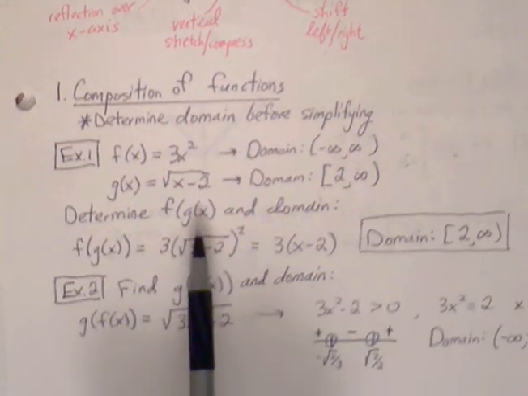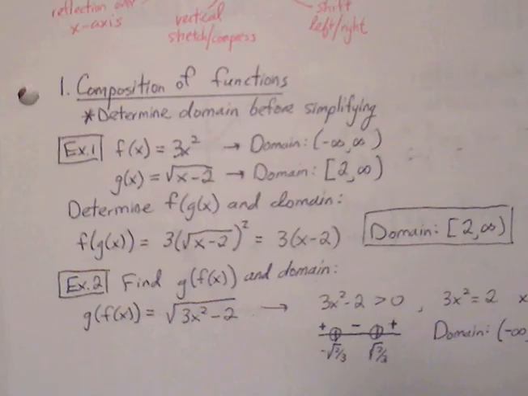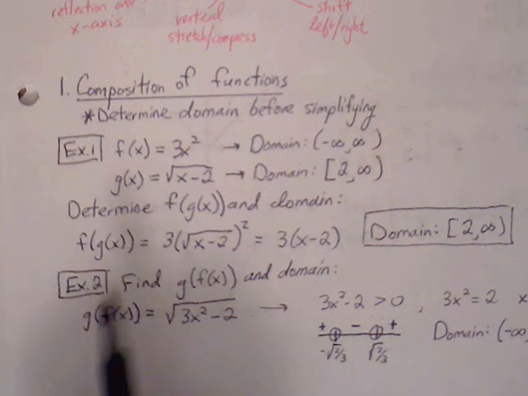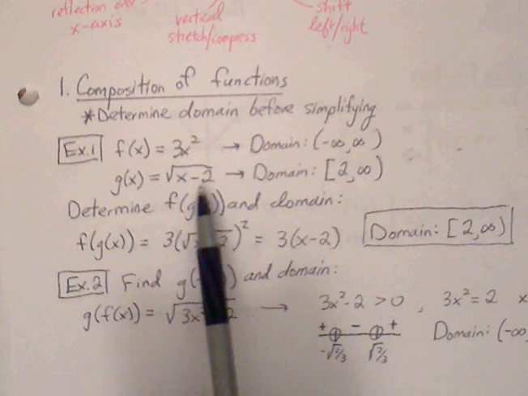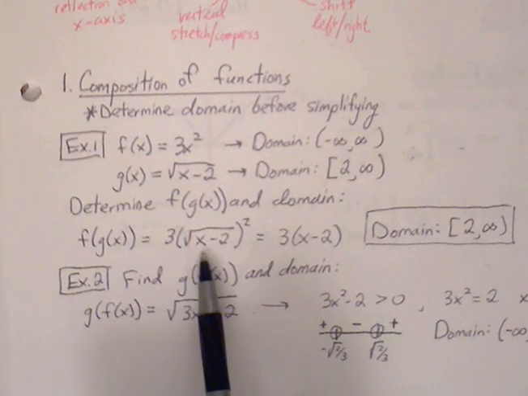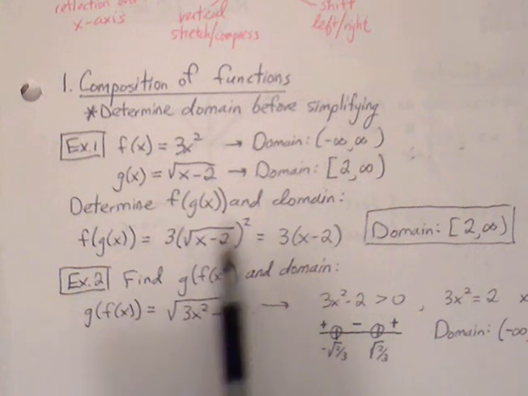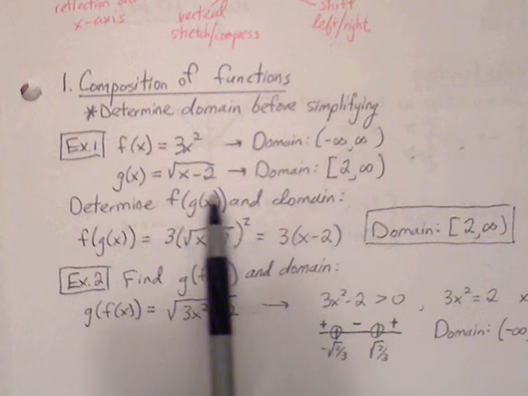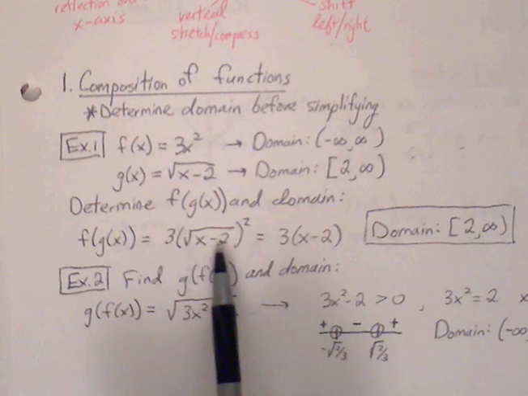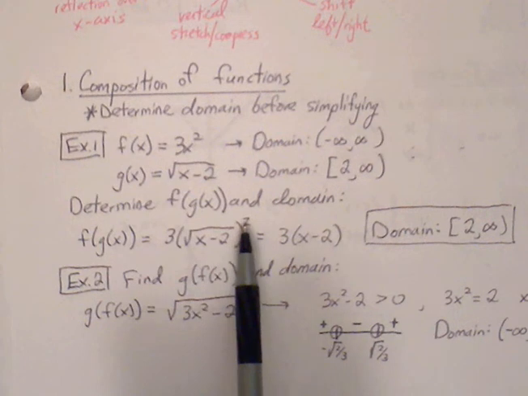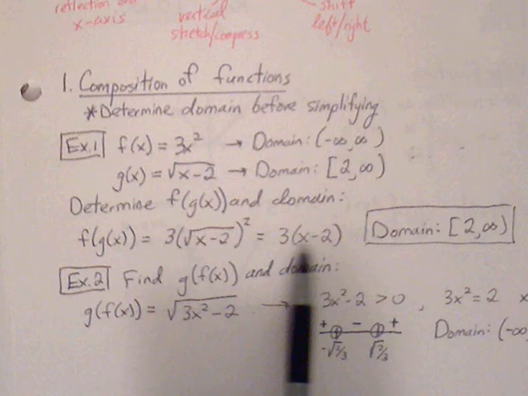So f of g of x means that we're going to plug g of x into the f of x function. And g of x is the root x minus 2. We plug it in for x, so we get 3 times root x minus 2 quantity squared. So we want to be able to find the domain before we simplify. So the domain at this point will be 2 to infinity, and then when we simplify it, the radical and the exponent will go away, leaving us with 3 times x minus 2.